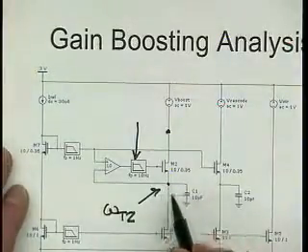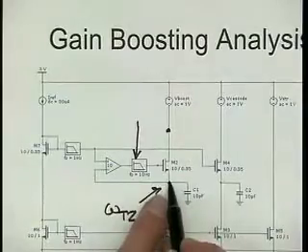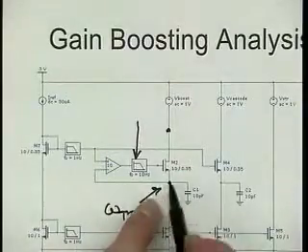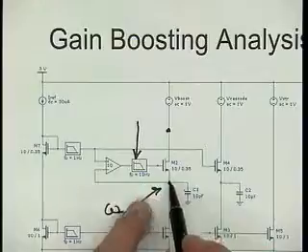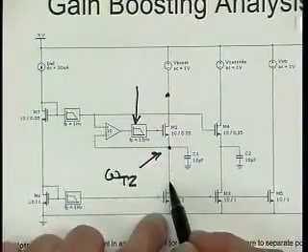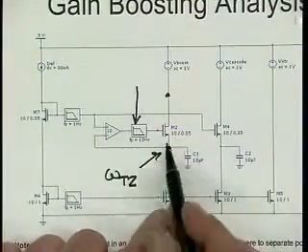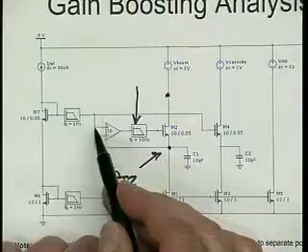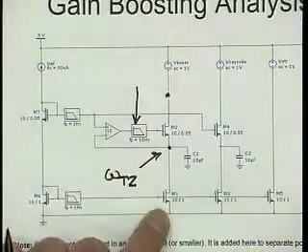What does this amplifier here really do? It compares the voltage at the source of the cascode, and more importantly, the voltage at the drain of M1 here. It compares that voltage to the bias that we set up with some appropriate bias network.